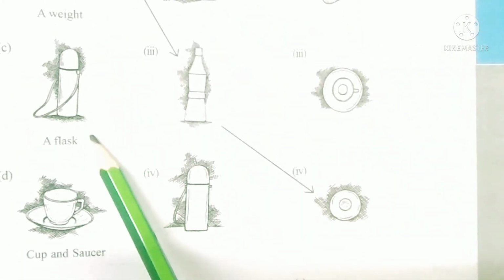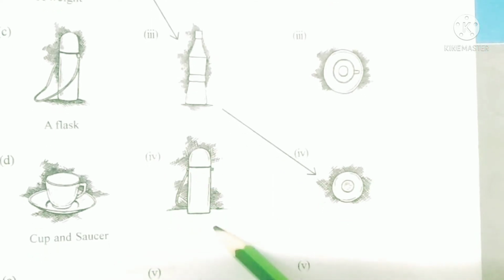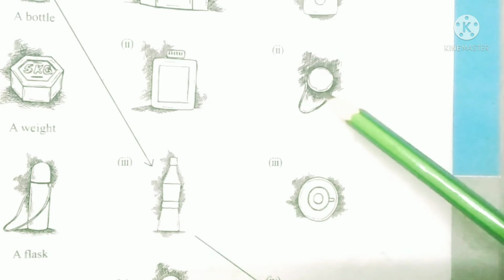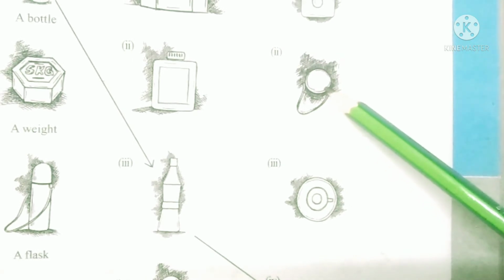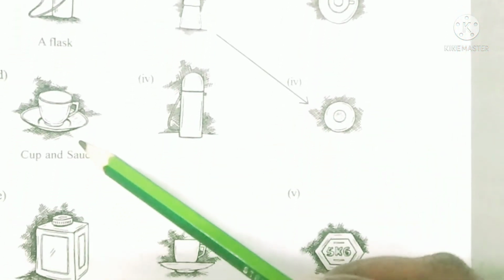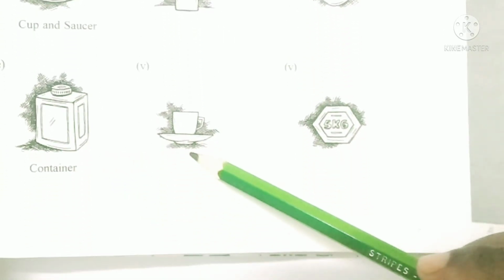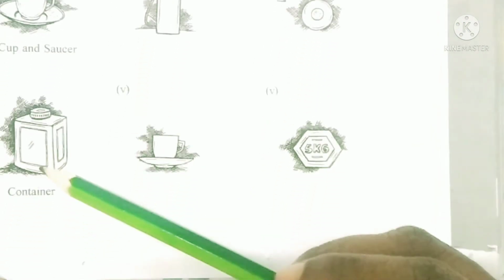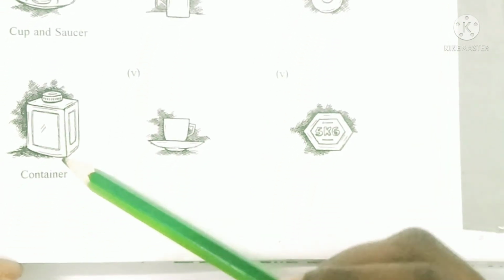So here you have a flask. From one side it looks like this, and from the top it looks like this. Okay. And here you have a cup and saucer. It looks like this from the side, and from the top when you see, it will be seen like this, 2 circles. Okay. And then you have a container in which usually we keep oil and all.